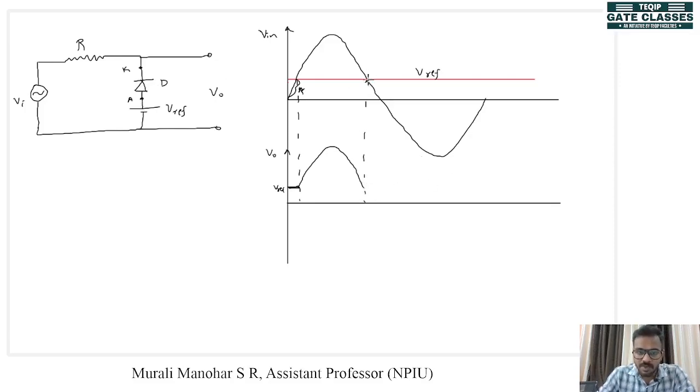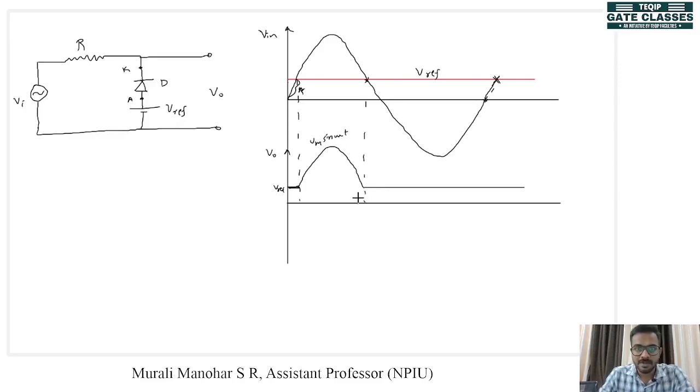So this point onwards, until this point, the output voltage will remain at Vref. So this will be your output voltage. Okay, this is the V out, and this is Vref, and this part of the wave is Vm sin omega t only.